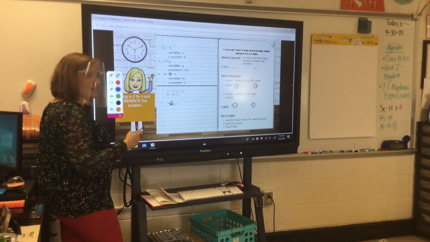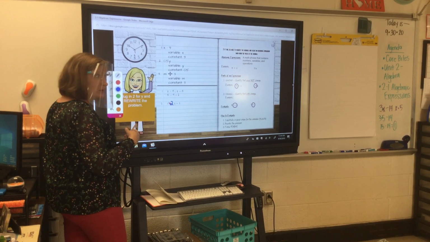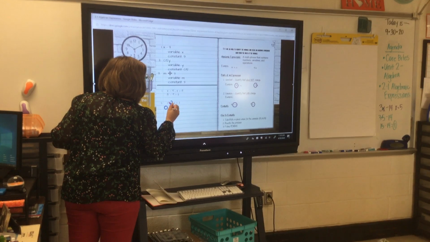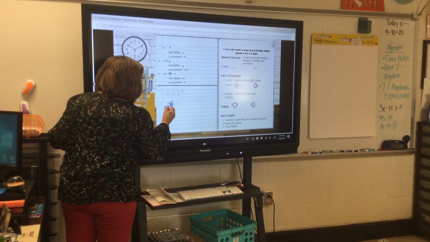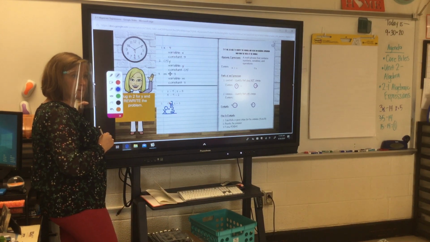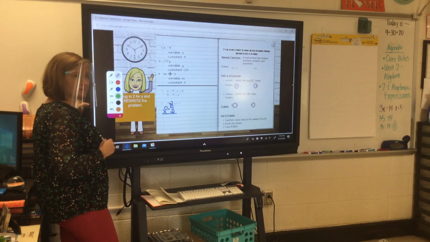Can I multiply a decimal going straight across like this? No. Okay, so I want to go up and down. So I've got 5/10 times 2. What's 2 times 5? 10.